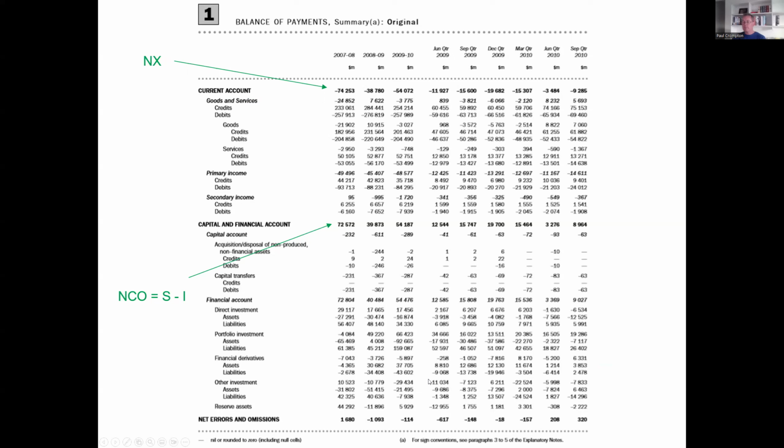Remember what these numbers represent. They represent the monetary flows underlying all transactions involving an Australian or an Australian organisation and a foreigner or a foreign organisation. These are international transactions involving Australia and a foreigner.